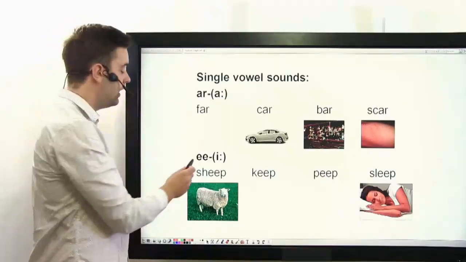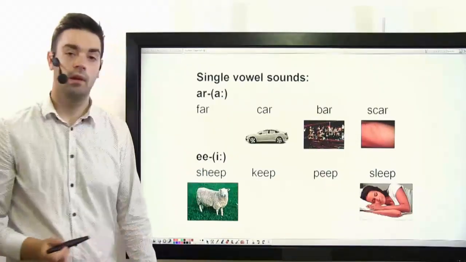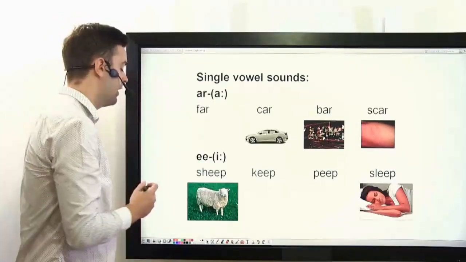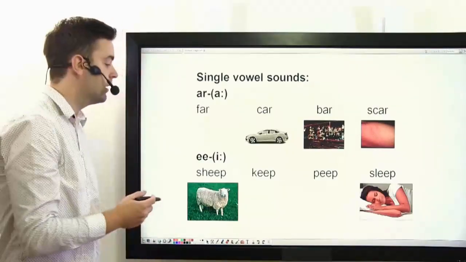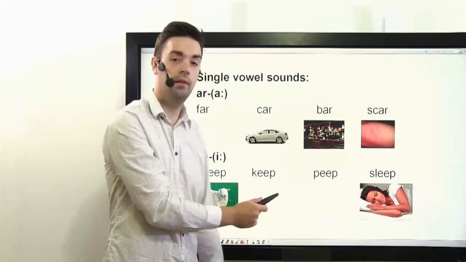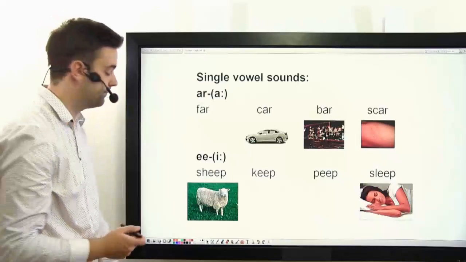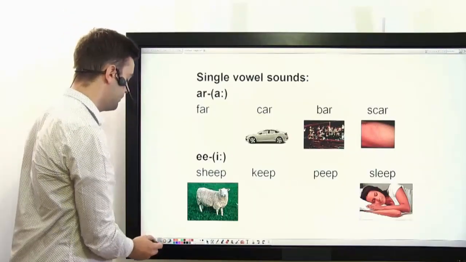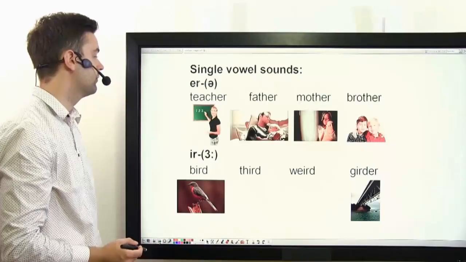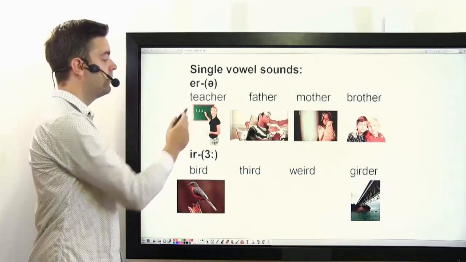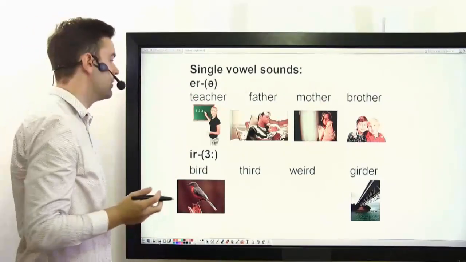When we join E and E, we get an ee noise. So sheep, keep, peep, and sleep. Ee. When we join E and R, we get an er noise.